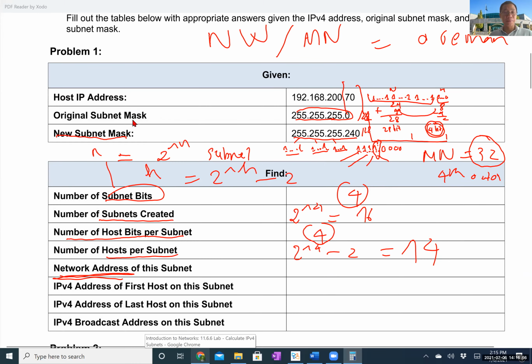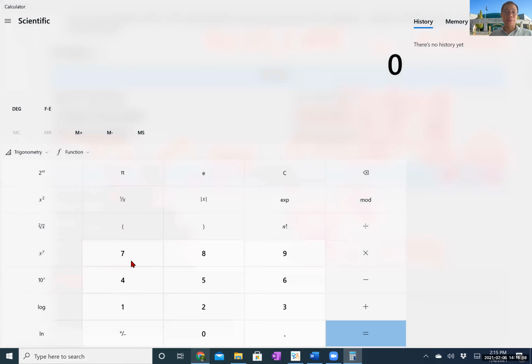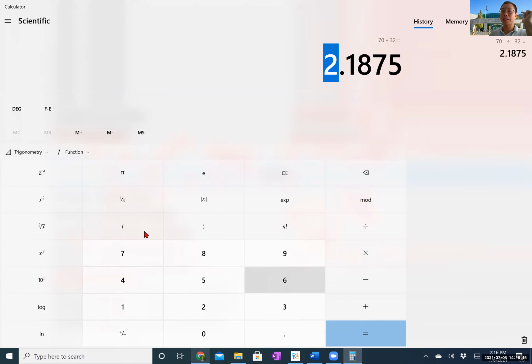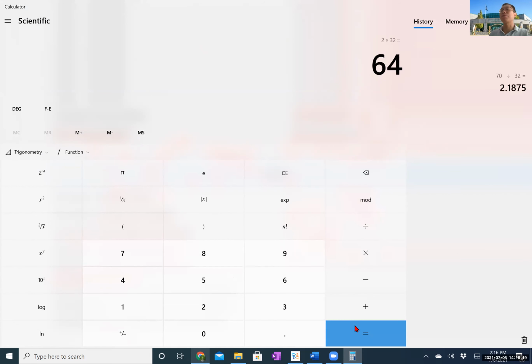You have the 70, you divide and you have something here, right? Remember that the network address is the one that is divisible by the magic number, that means you have no remainder. So you take the quotient, and you multiply it back by the magic number. You have the 64 here, right?